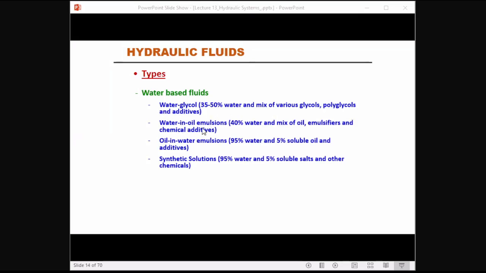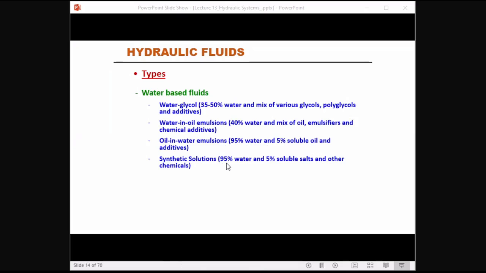Water in oil emulsions consist of 40% water and a mix of oil, emulsifiers, and chemical additives. Okay, oil in water emulsions are 95% water and 5% soluble oil and additive.